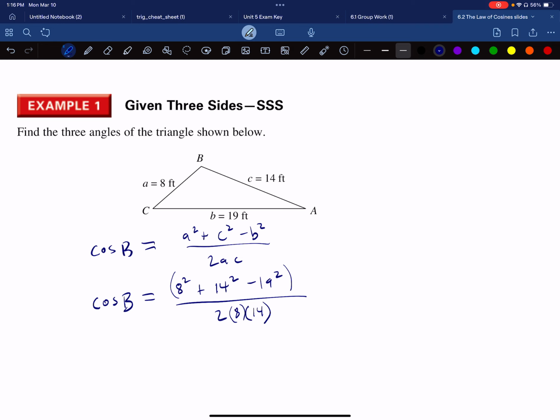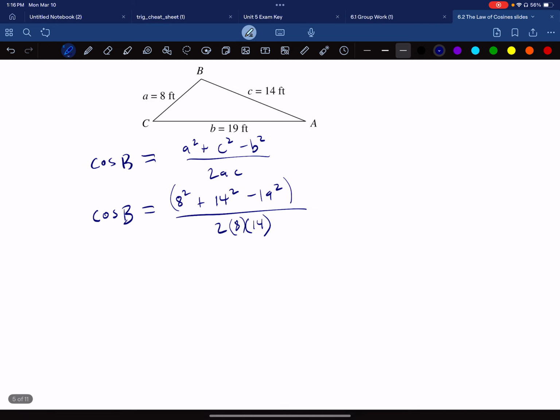All right. And then the idea is going to be that we need to isolate B. So to do that, we are going to take inverse cosine. So inverse cosine of 8 squared plus 14 squared minus 19 squared over 2 times 8 times 14.